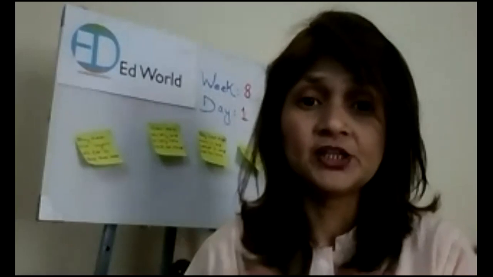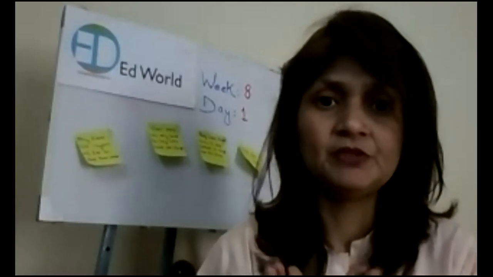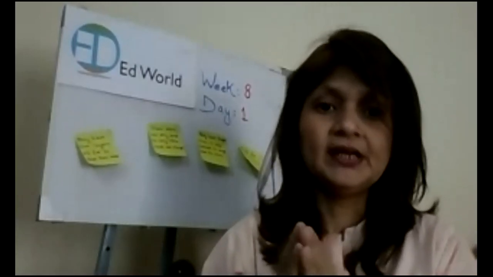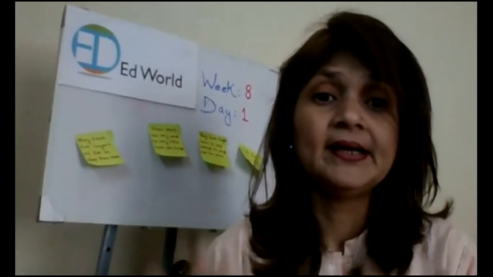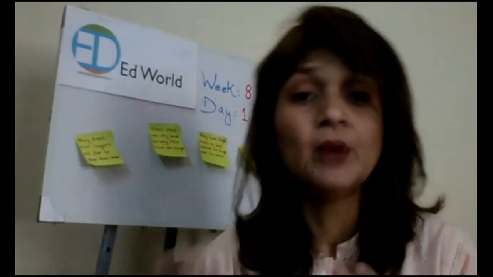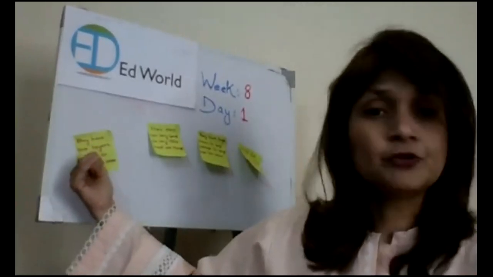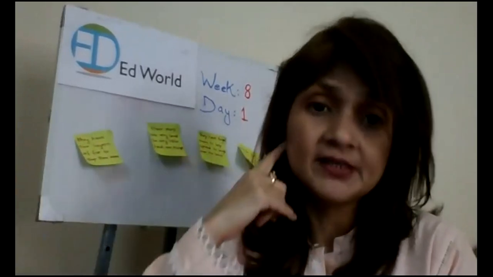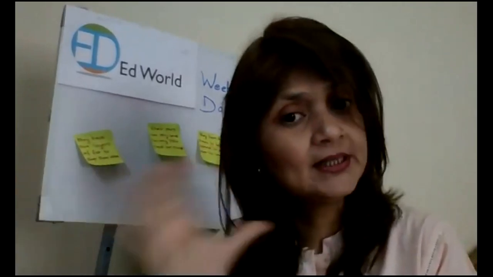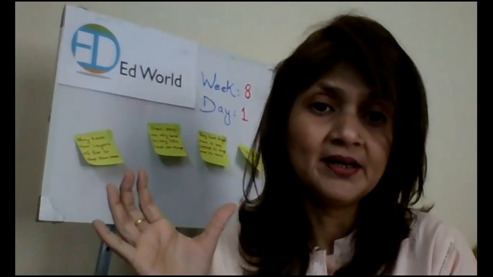So this was actually the main topic we have to do today, and that was how the polar bear adapts itself to its surroundings. Why? Because it has two layers of fur which help them keep warm. Then their ears are very small, so little heat can escape from their ears.